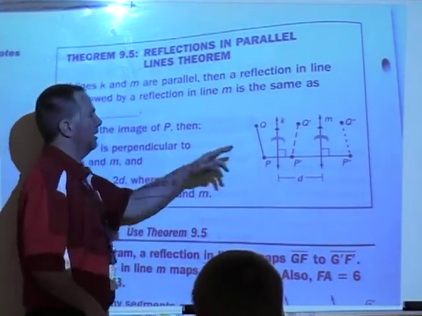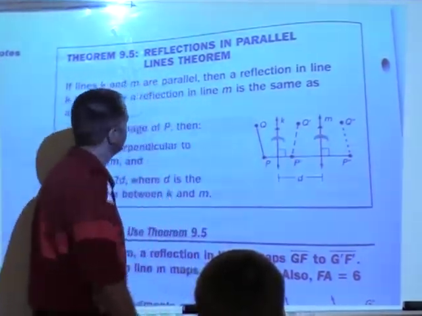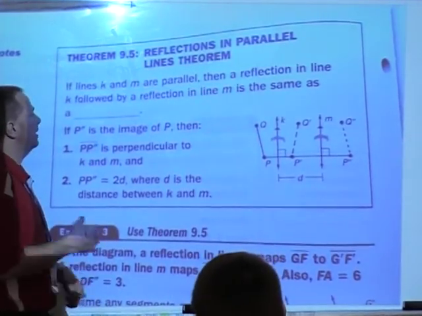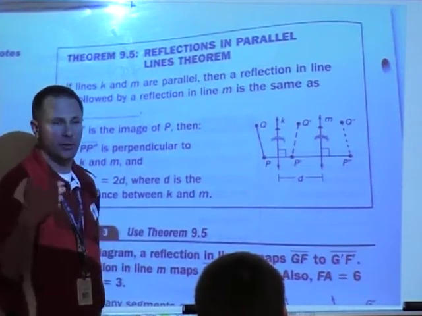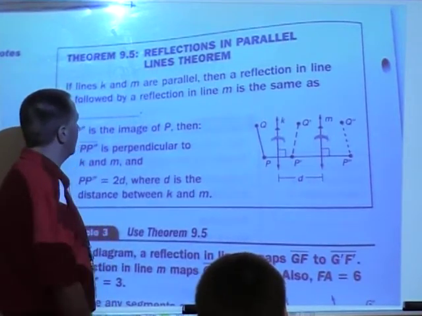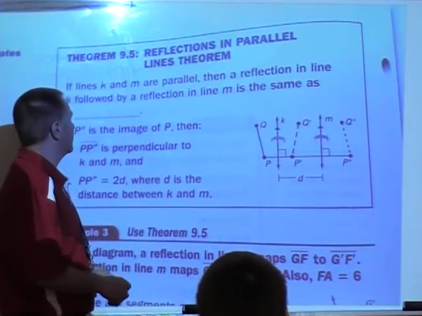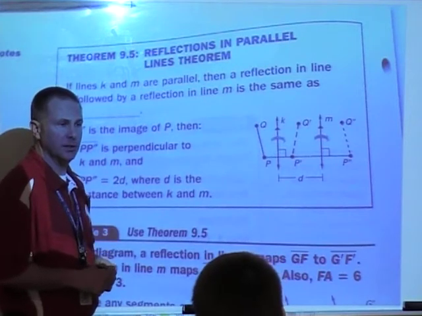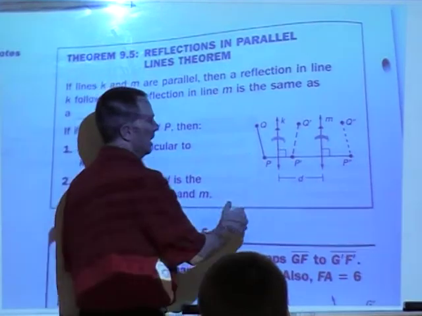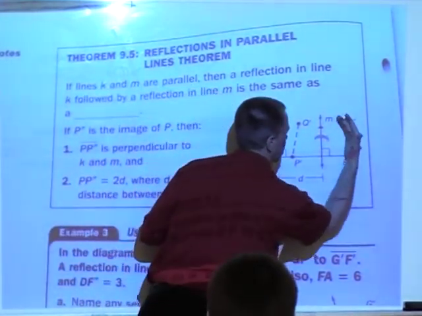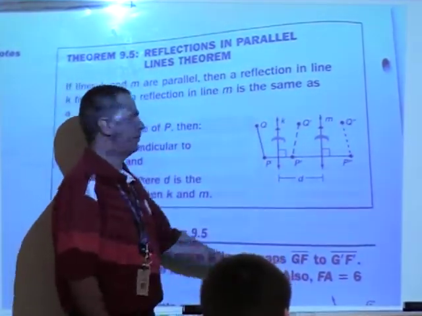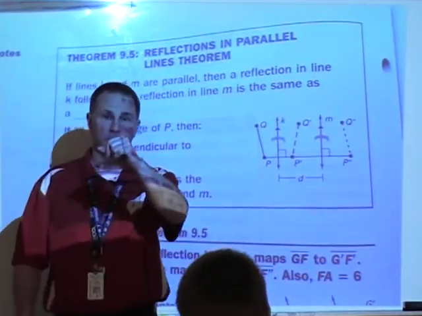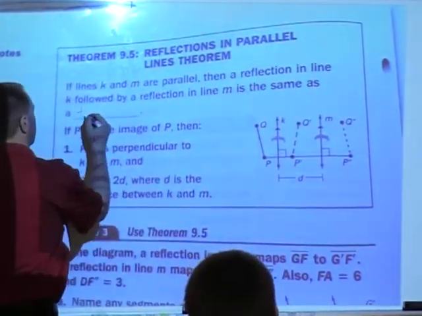If lines K and M are parallel, then a reflection in line K followed by another reflection in line M, that's the same as a, what do you think? What happened from here to here? If you just went from here to here, what would you call that? Translation, that's right.